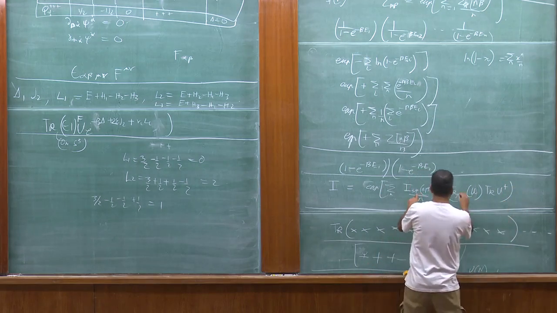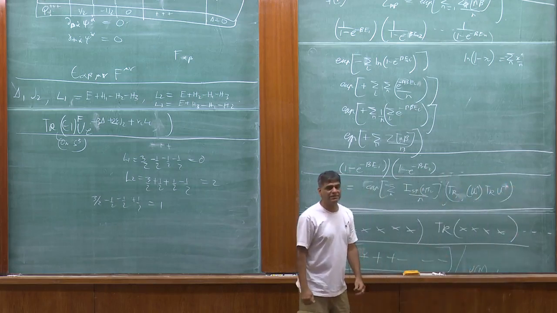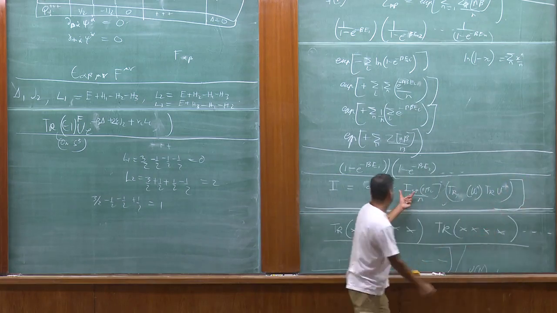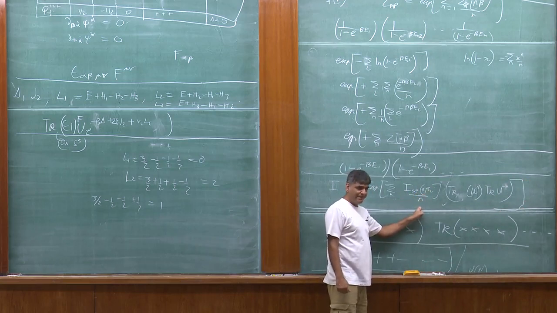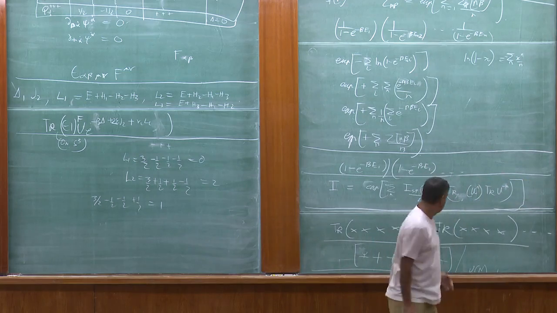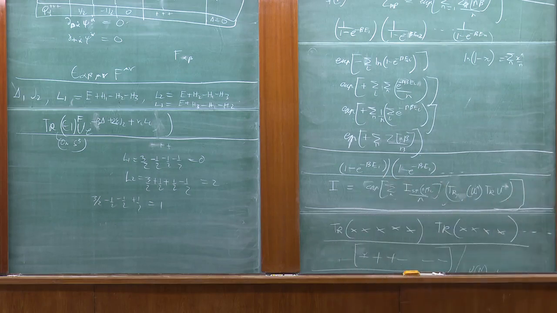Where we have this to the n, this goes to the minus n, because U dagger is the same as U inverse. So the full partition function here will be the sum over n of the single-particle index at n beta I, divided by n, times trace U to the n, trace U to the power minus n. This is the partition function when we trace over the whole Hilbert space of the theory, keeping track not just of the chemical potentials we want to keep track of, but also tracing with respect to U. Is this clear?